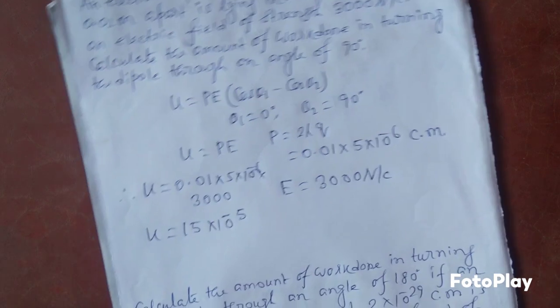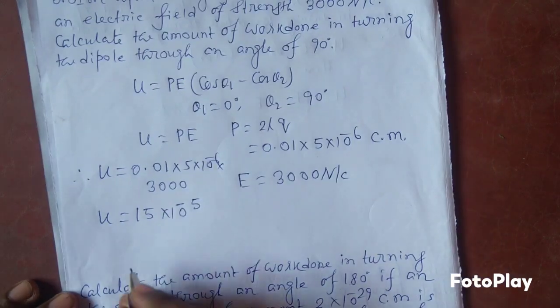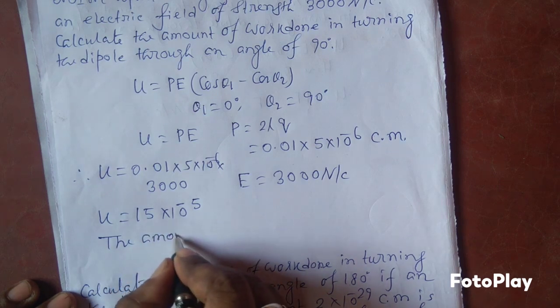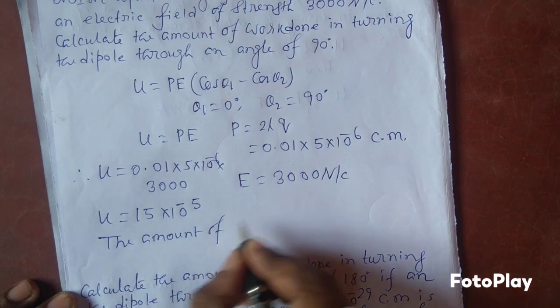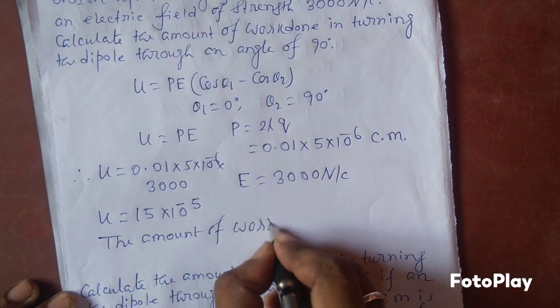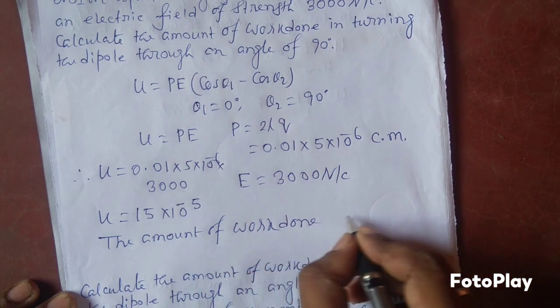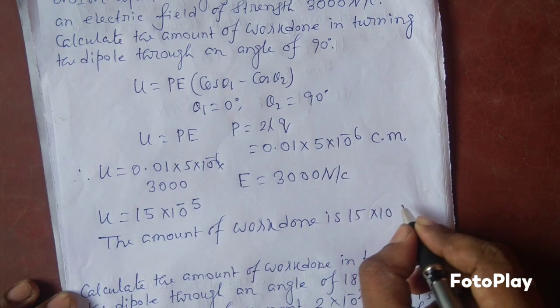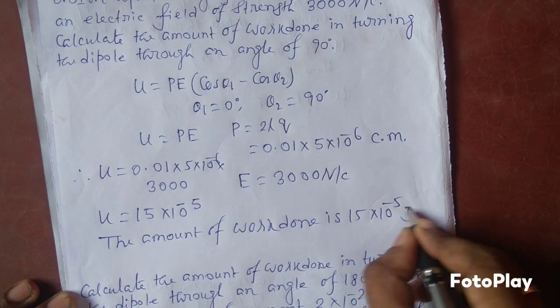So the amount of work done is 15 into 10 to the power minus 5 joule.